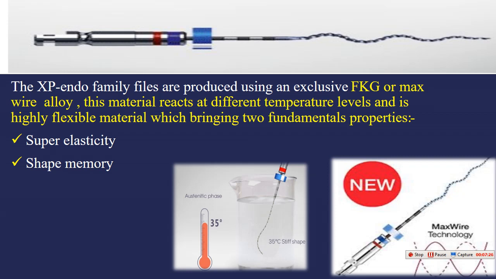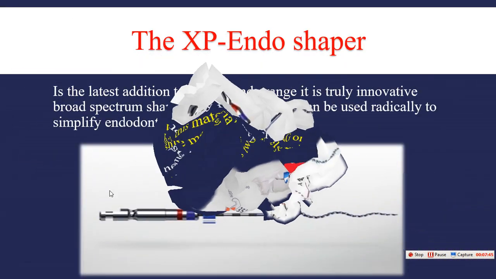This instrument is made from MaxWire alloy. This material reacts at body temperature, changes its shape inside the tooth, and can return to its original straight shape when removed from the tooth. So this is the property we mean by shape memory of this instrument.